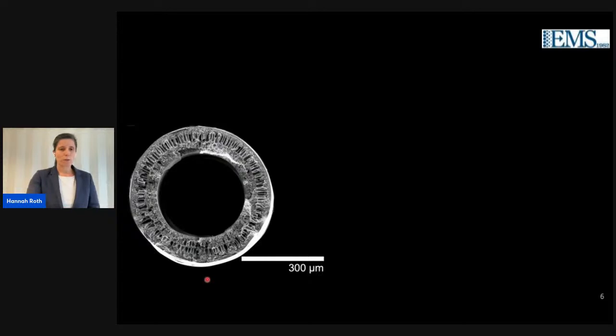And what I would like to show you today is the development work on hollow fiber membranes that I have been part of in the last years. So you can see here an SEM image of a porous hollow fiber membrane.